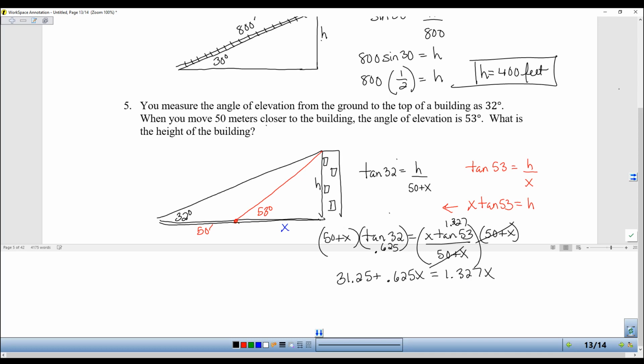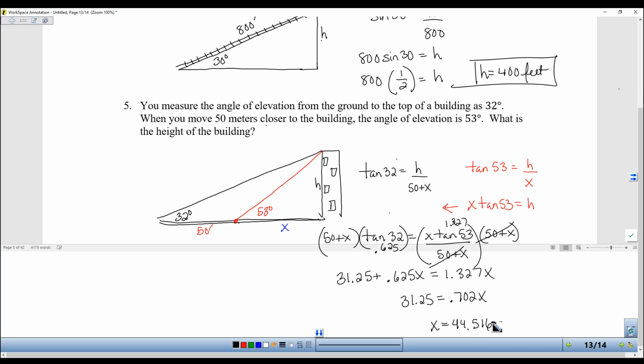So I subtract 1.327 minus 0.625, and I get 0.702x is equal to 31.25. 31.25 divided by 0.702 is 44.516.